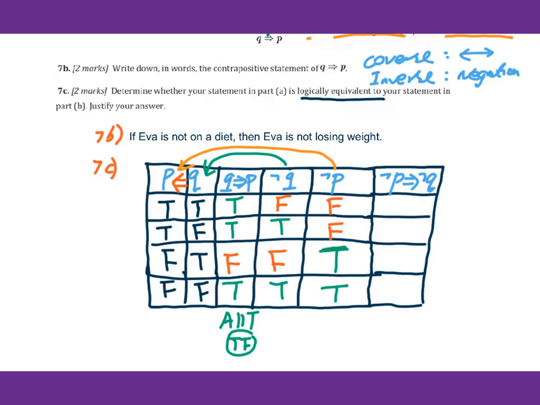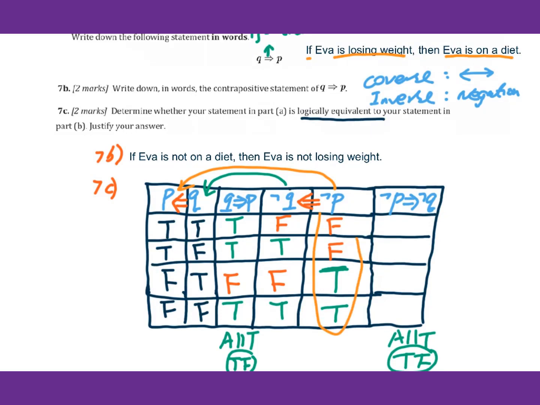Not P implies not Q. You have to see it this way. Still all true except true, false. Check these two columns, from not P to not Q. Looking for true, false. So we get this is false. Rest of them will be true.